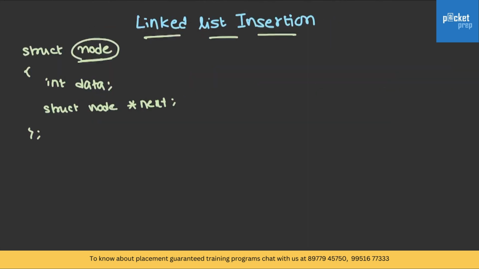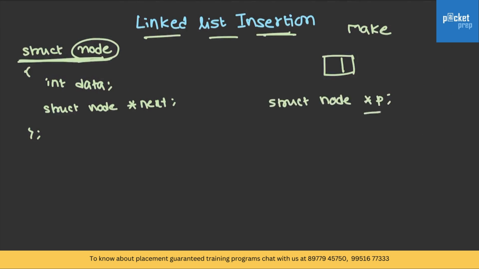After defining the node, let's try to write a program where we are making a linked list. First, to make a linked list, we need to create a node. For creating this node, I have to create an object to this structure. Let me try to create an object to this structure. So this has actually created a pointer and memory has not been allocated yet. Let's try to allocate the memory with the help of the malloc library function.